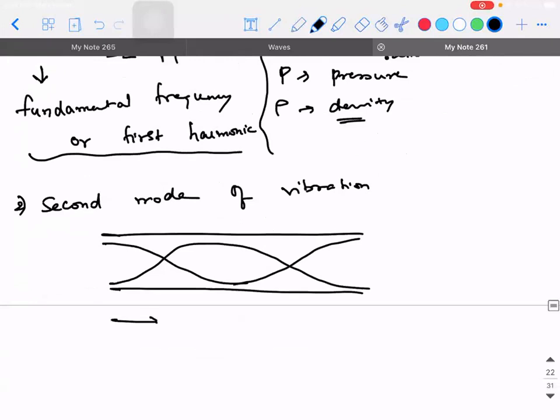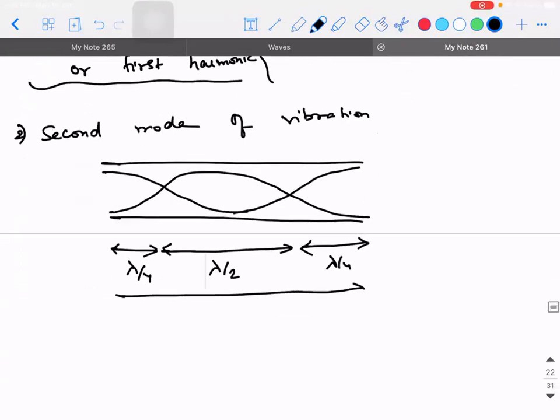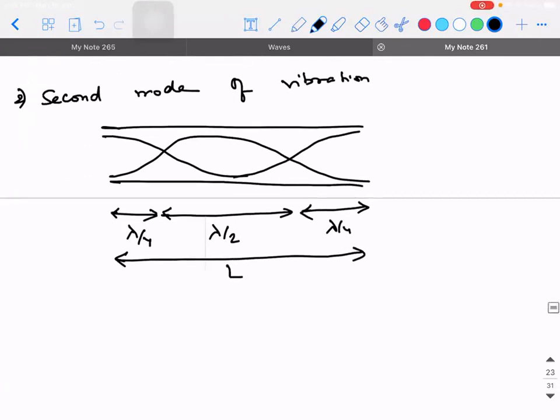What is the distance between a node and an antinode? It is lambda by 4. What is the distance between two successive nodes? That is lambda by 2. Between a node and an antinode, again lambda by 4. So it is the same length L.